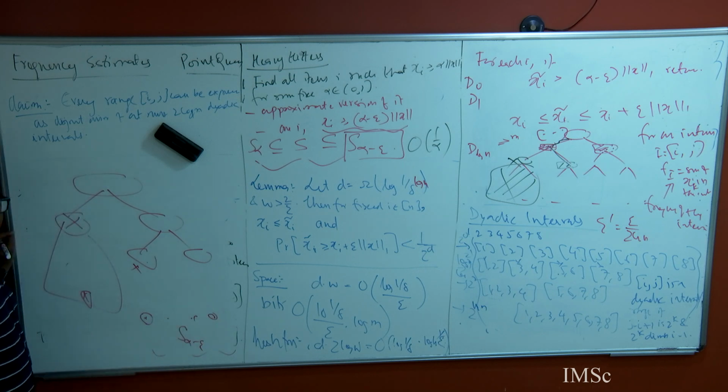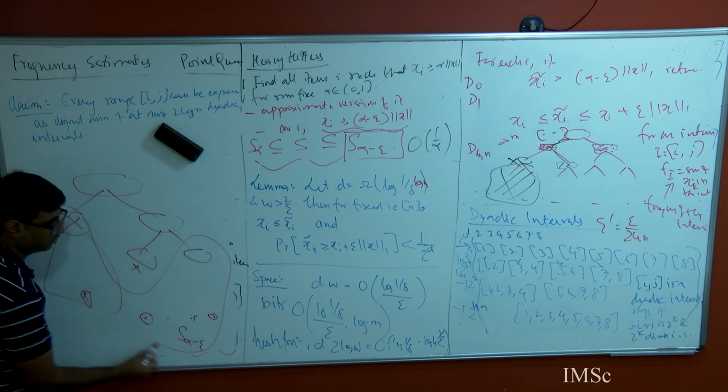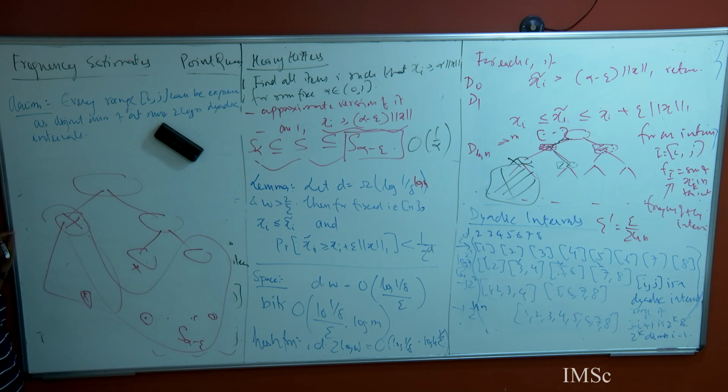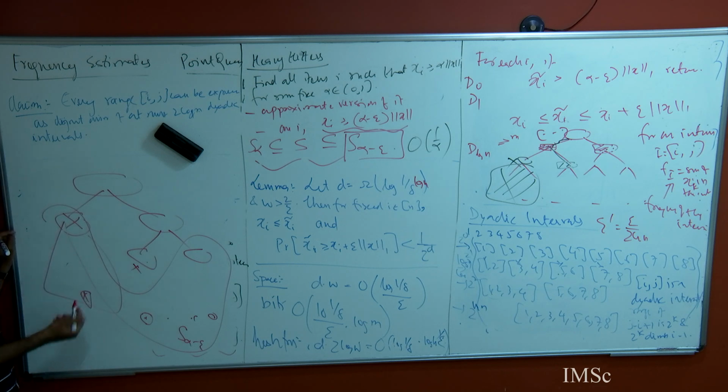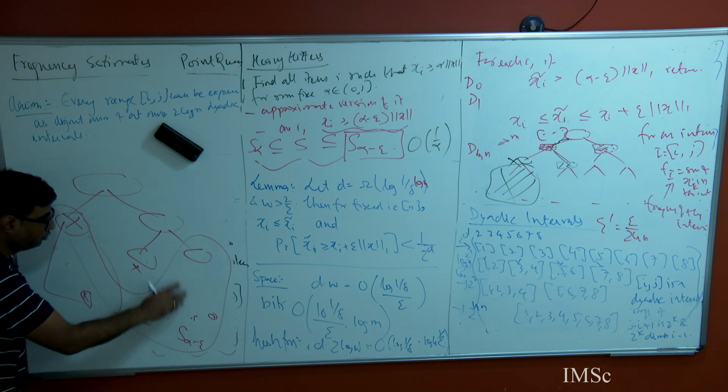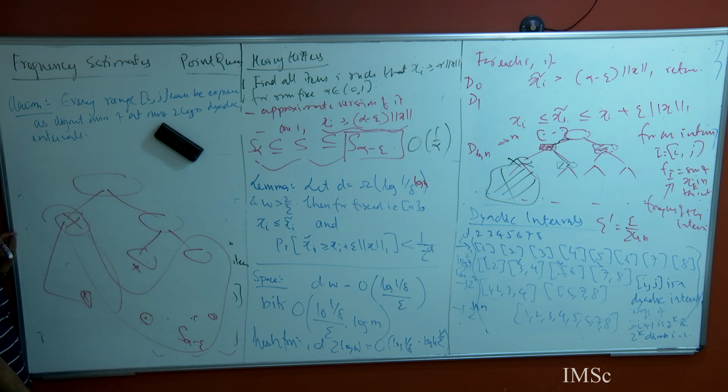Now, how many leaves are here? Some leaves which you returned correctly, and there are some leaves where you just stopped. Show that this is also not too many, then we are happy that the total amount of space this particular algorithm would have taken is proportional to the size of this tree, because I am not doing anything more.